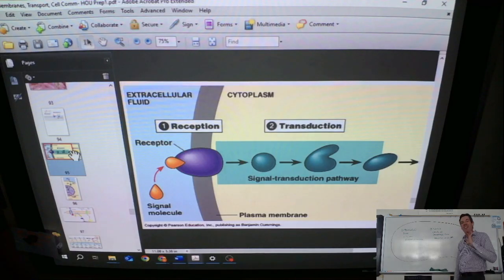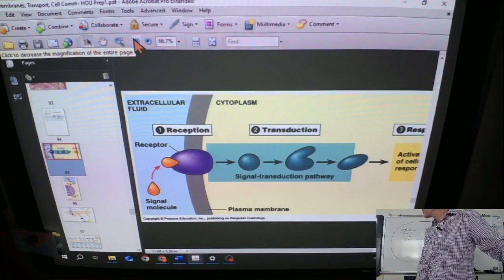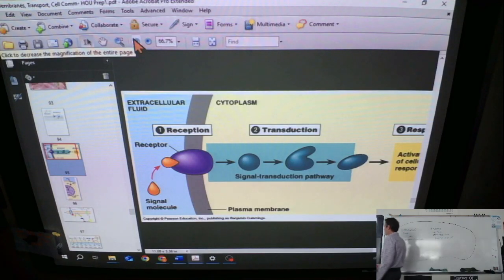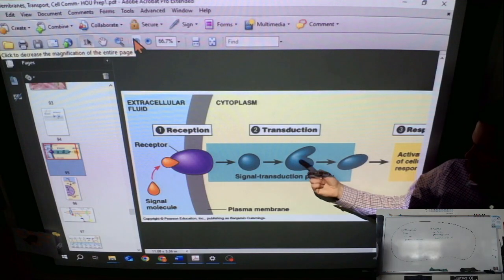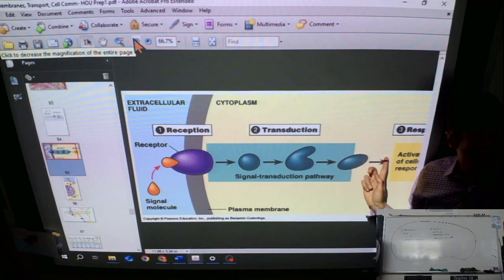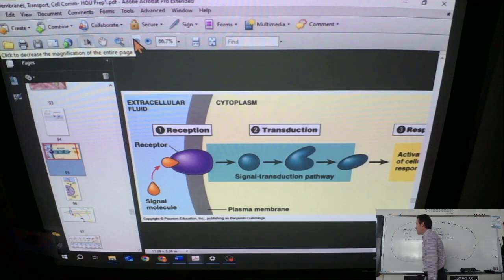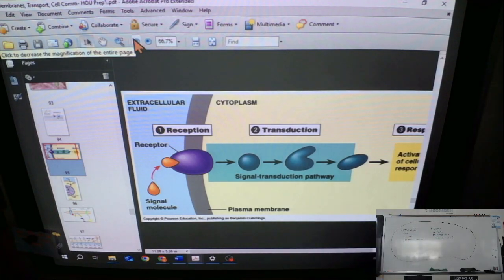Okay, so one last question, and then we'll be able to see why this is useful and why it's not sucky. Can anybody think of a good reason? This is a very hard question. Why would we tell a protein to tell a protein to tell a protein to do something? That seems risky. For example, if I wanted to get a message to Miss Skull, she's way down there in South Hall.